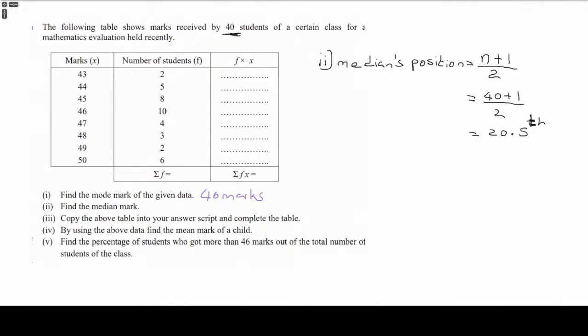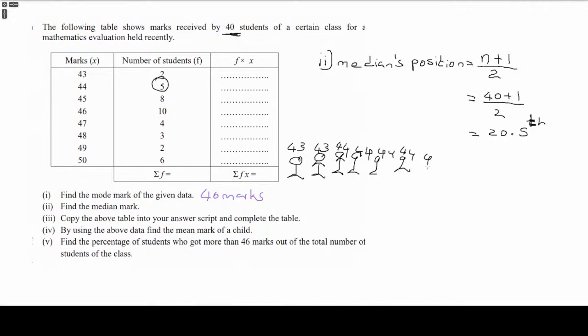Now, as per the table, who is going to be in the first place in the queue? The one who took 43 marks. But there are 2 students who got 43. And how many students have got 44? The next 5 positions in the queue will be occupied by the students who got 44 marks. 1, 2, 3.